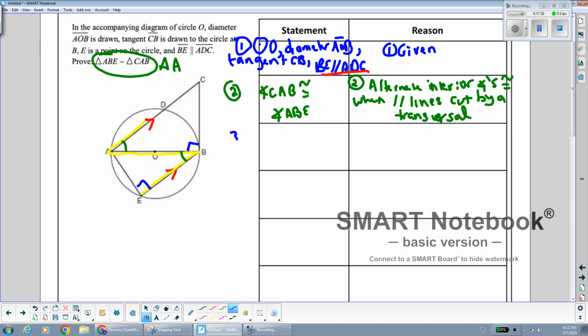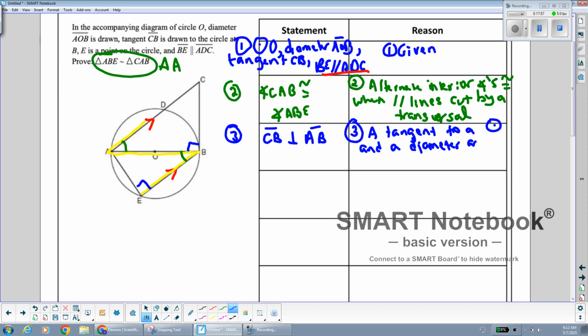So I'm going to put that down over here. Segment CB is perpendicular to AB. You can also do OB if you just wanted to do the radius. The reason: a tangent to a circle and a diameter are perpendicular where they meet.